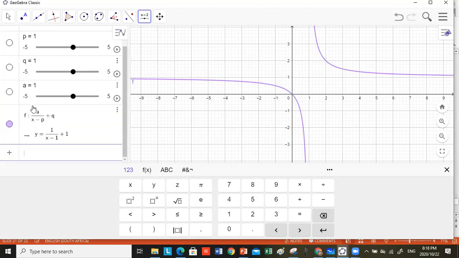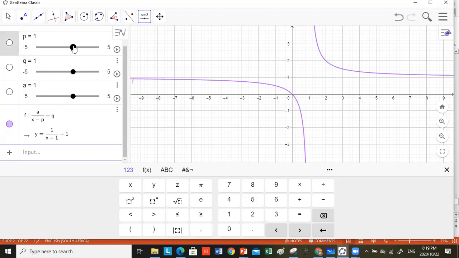Enter. So you see that now we're having this particular equation, a over x minus p. The p is going to change the function; it behaves in a certain way if we interfere with the p. Let's see what is the effect of p on this function.